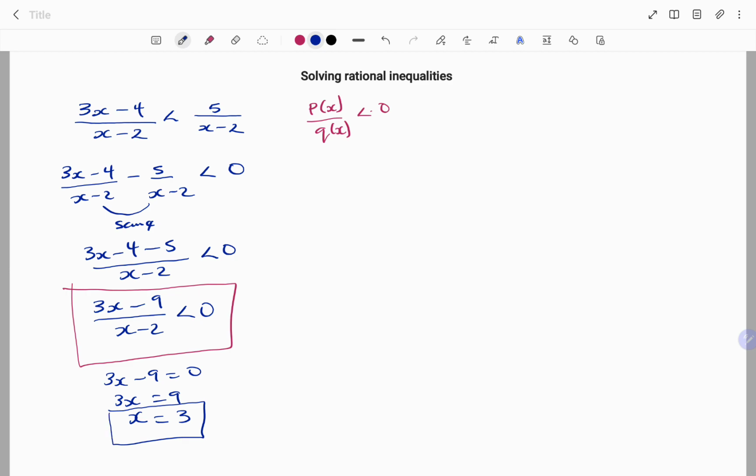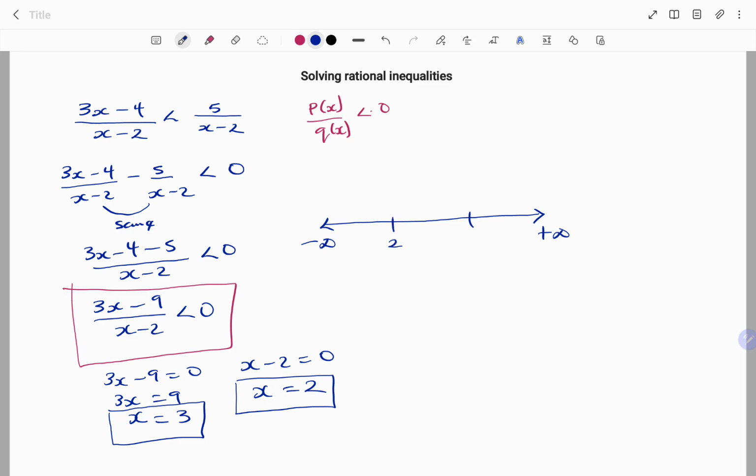The second solution, q of x, we have x minus 2 equals to 0. Therefore, our x equals to 2. That's the second solution. Now, we need to go to our number line to test our points. We start from negative infinity to positive infinity, and the solutions we have are 2 and 3.